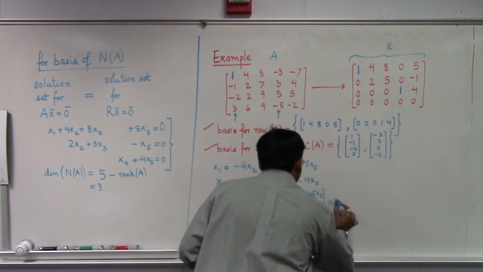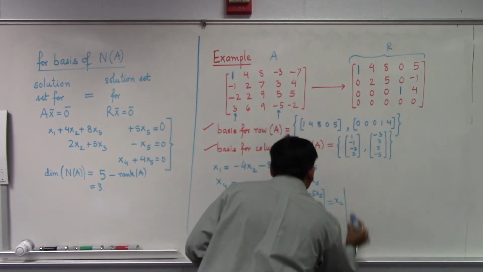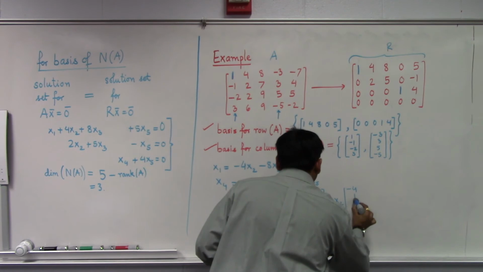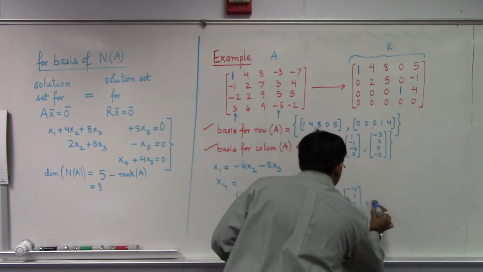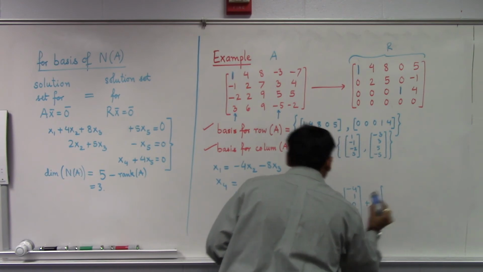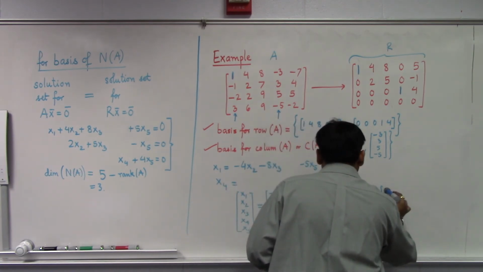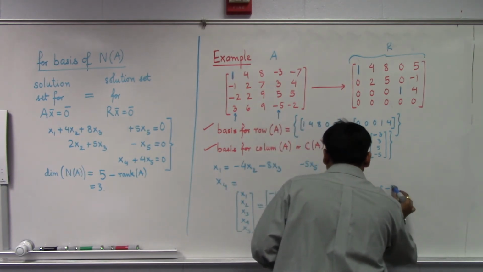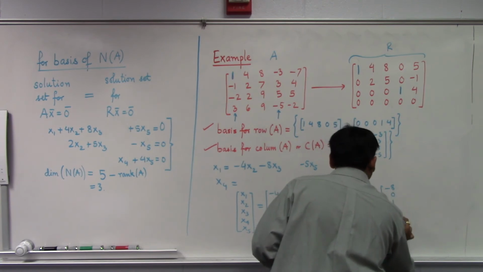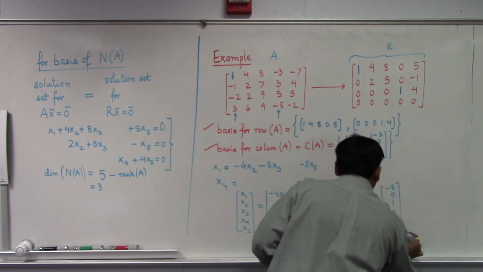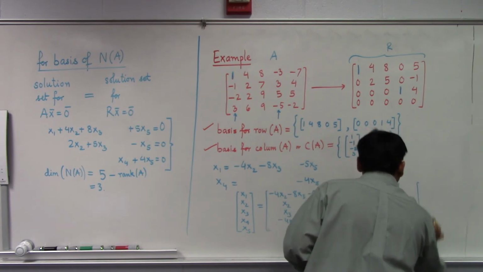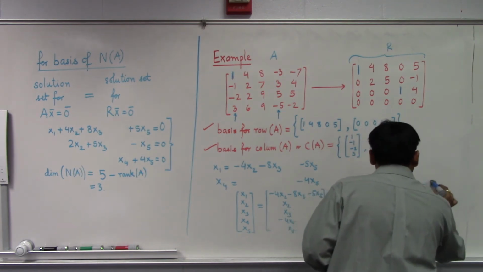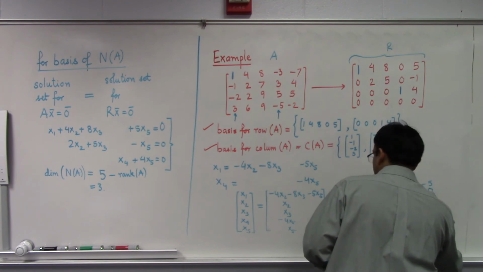So now we can split it as x2 times minus 4, 1, 0, 0, 0. x3 would be minus 8, 0, 1, 0, 0. Then we will have x5 times minus 5, 0, 0, minus 4, 1.